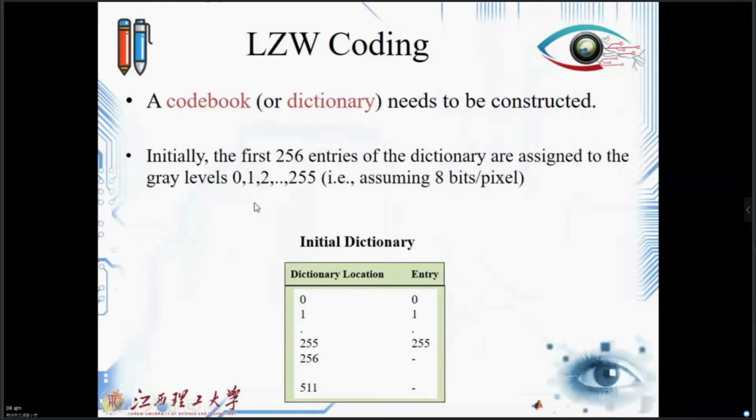What we need in this method is a dictionary or code book to be constructed. Initially, the first 256 entries of the dictionary are assigned to the gray levels between 0 and 255, assuming we have 8-bit pixel pictures.